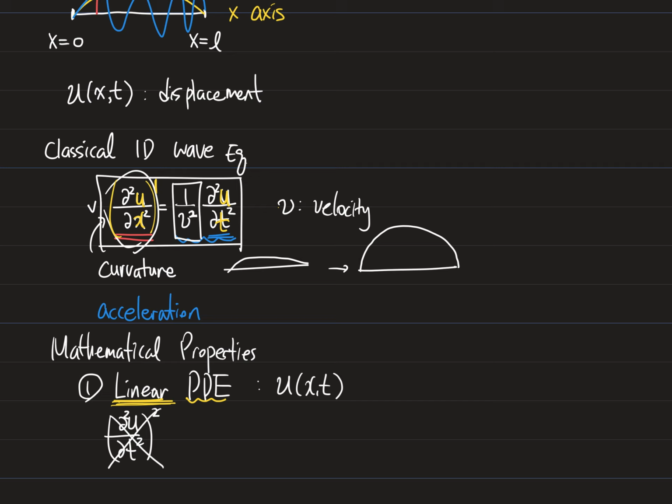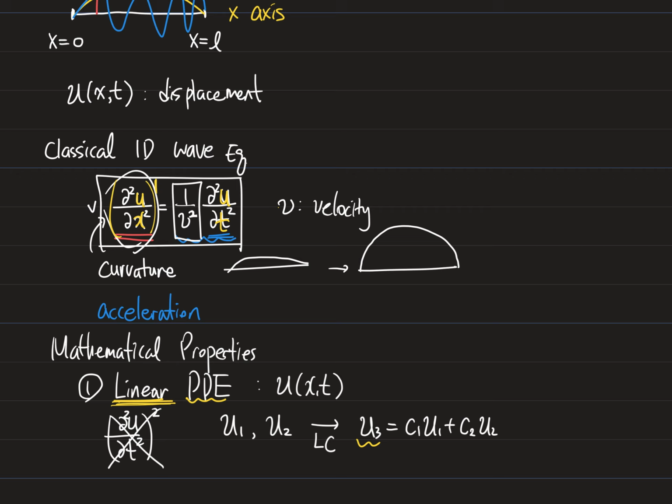The linear differential equation has a very important property: if you have two valid solutions for this partial differential equation, something like u1 and u2, then their linear combination u3, something like u1 multiplied by some constant c1 plus u2 multiplied by some arbitrary constant c2, their sum u3 should also be a valid solution to this partial differential equation.